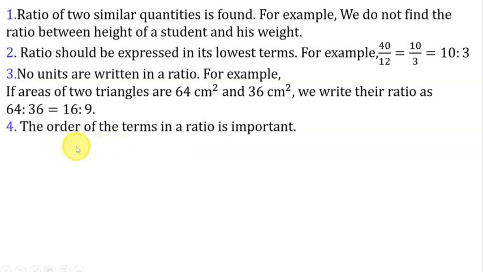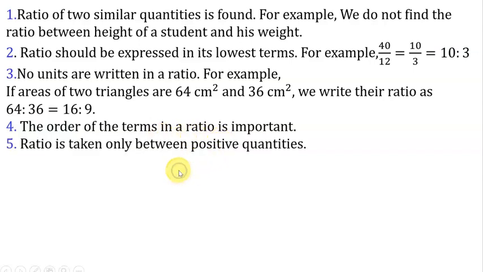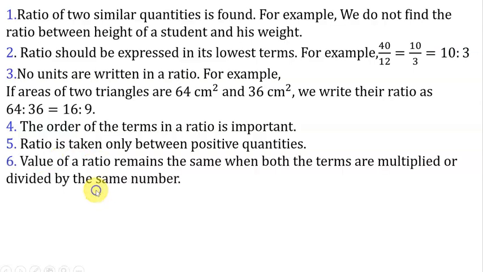Next, the order of the terms in a ratio is important. It means we can find the ratio of the first quantity to the second or the second quantity to the first, and hence the order of the terms in a ratio is important. Next, a ratio is taken only between positive quantities. The quantity must be positive.